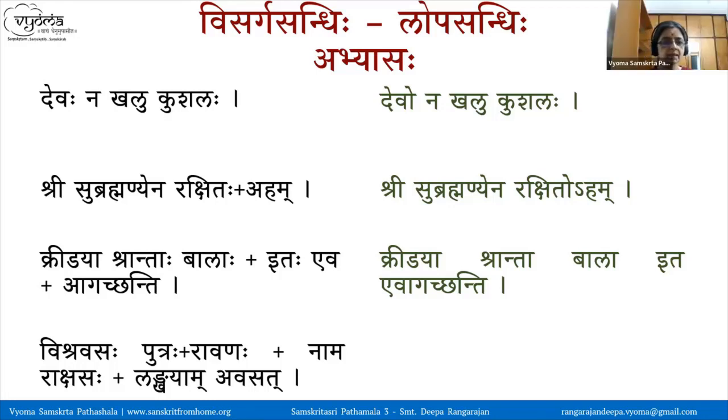Putro, by Utva and Guna, because Hrasva Akara precedes and the Mridu Vyanjana Repha is the one following. So Putro Ravanaha nama. Here Hrasva Akara is followed by Mridu Vyanjana. So Ravano nama rakshasaha. Samyak.